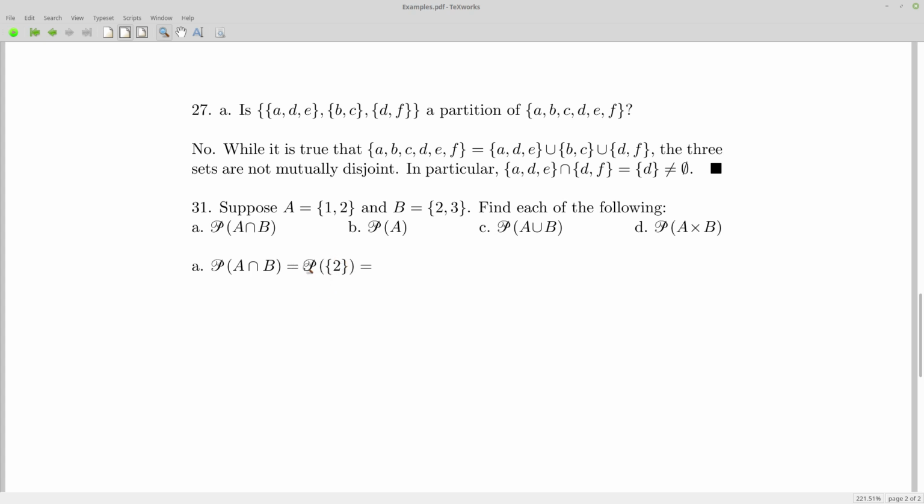And so we don't just write power set of 2, we have the power set of the set containing 2, because the intersection of A and B is precisely this set with braces and a single element of 2. Now what is the power set of this single element set? We have to list all the subsets. And don't forget the empty set when you do that. The empty set is a subset of every set, and it is always going to get listed and is always part of the power set.